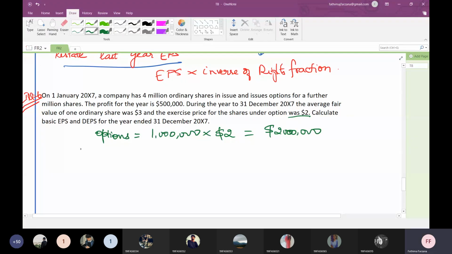How many shares can you buy with this $2 million at market price? If I want to use this entire 2 million and buy shares at market value, how many can I buy?